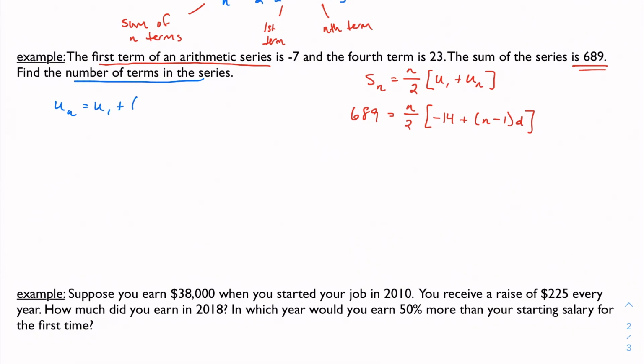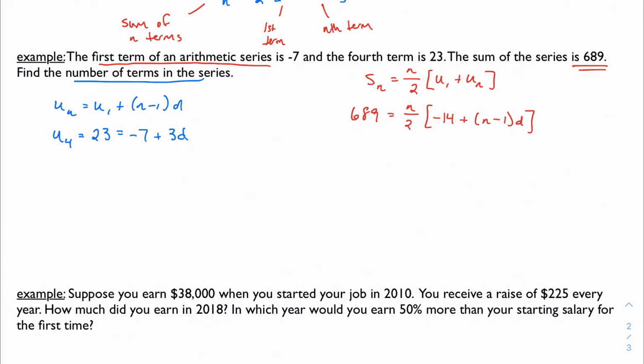So we know that the fourth term is 23. But remember that we can also define this algebraically using that general formula.